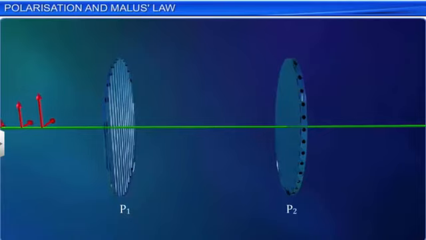The light passing through the Polaroid P1 gets polarized along its pass axis. If the pass axis of the Polaroid P2 is perpendicular to the pass axis of the Polaroid P1, then no light is transmitted through the Polaroid P2.